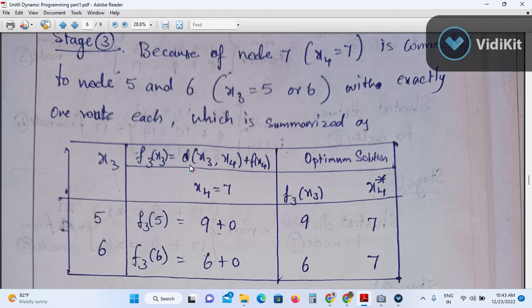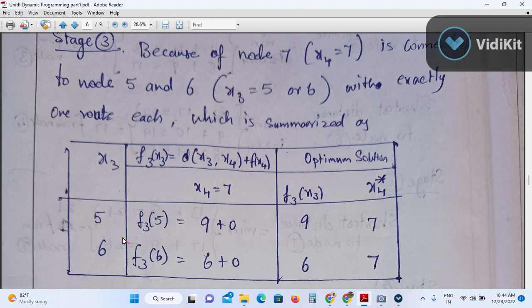This is nothing but the distance from x3 to x4 plus f4 of x4. Here we take x4 as 7. Now applying this formula, moving from x3 to x4, what is the answer? It is 9 for x3 as 5. Similarly, f4 of x4 we already observed is 0, that is the initial point.